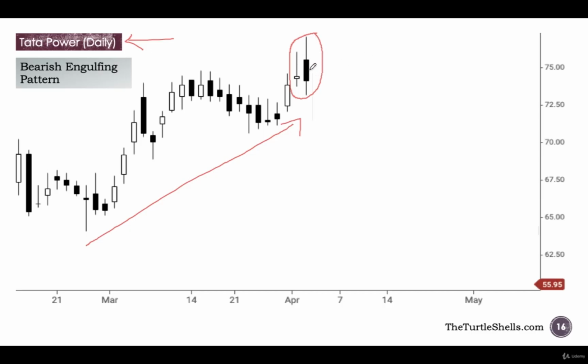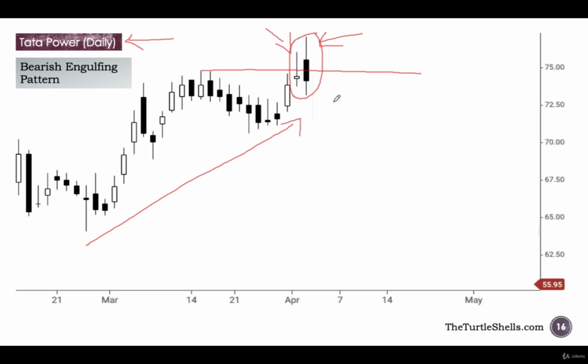The tall upper shadows are telling you that maybe the bears are coming back into the market. So even if someone doesn't know that this is a bearish engulfing pattern, just by looking at the shadows, he or she can guess that there is some problem at that price point. And have a look at this nice resistance created by these candles.